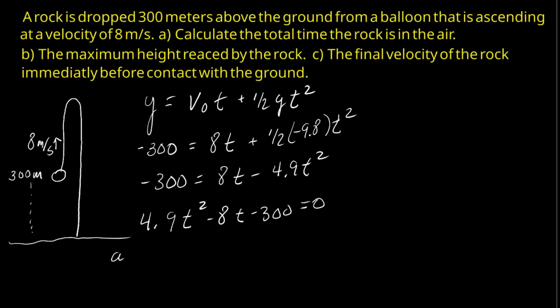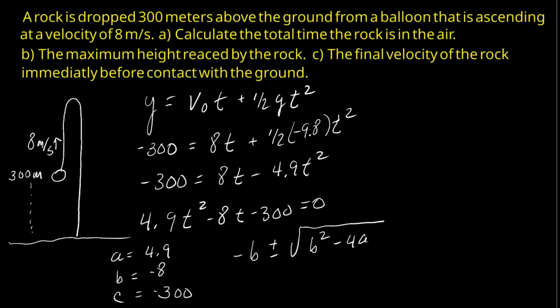We know that a is going to be 4.9, b is going to be negative 8, c is going to equal negative 300. So by substituting this into the quadratic equation, which is minus b plus or minus the square root of b squared minus 4ac, all divided by 2a.